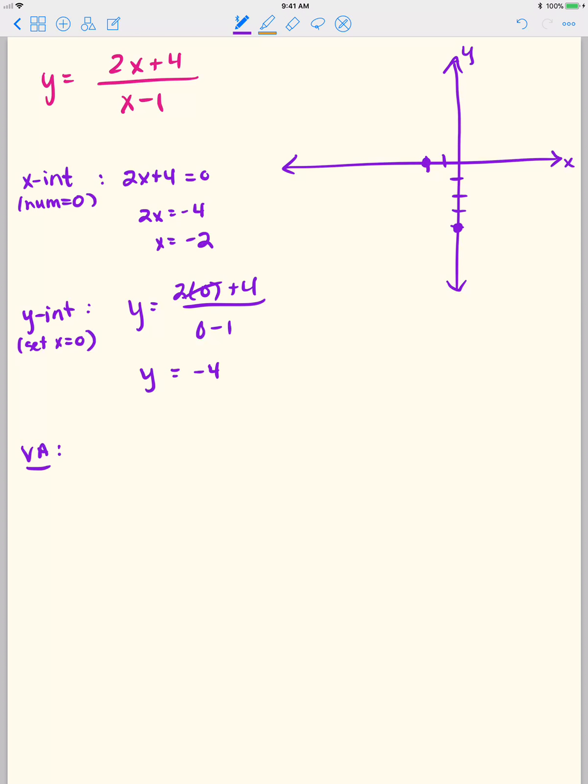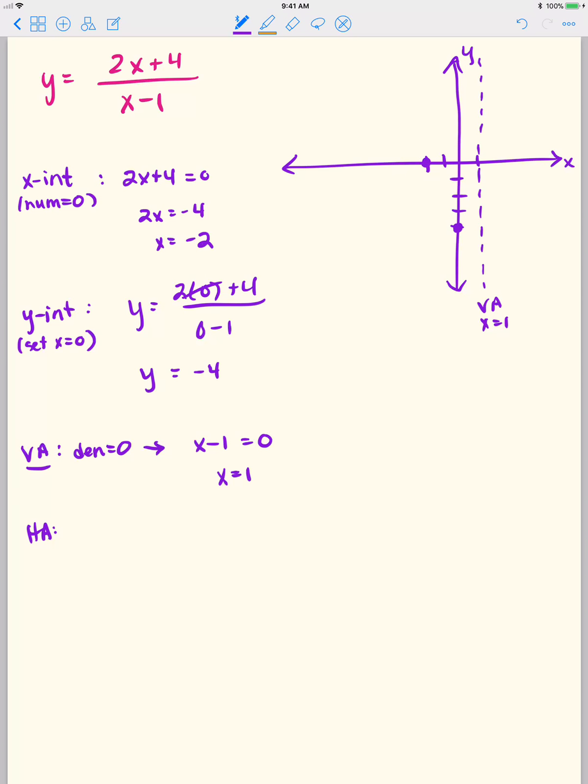Vertical asymptotes are going to be any value that make the denominator undefined. So if we look at our denominator x minus 1, the only value that's not allowed for this function is going to be an x value of 1. So we'll come to 1, and we'll make us a vertical asymptote. So vertical asymptote at x equals 1.